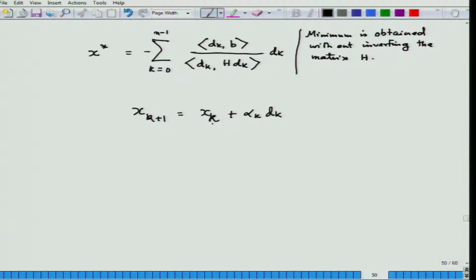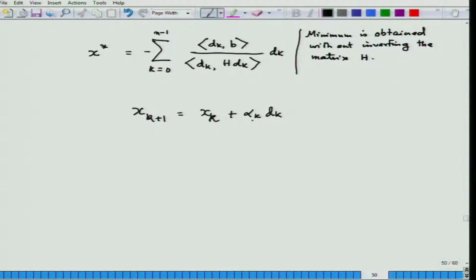So, basically you are at xk and you use dk as your direction along which you move, and you compute xk plus 1, and then you find out alpha k. To what extent will you go? You find an alpha k which minimizes the function f of xk plus alpha k dk.